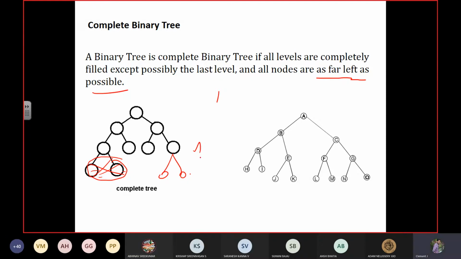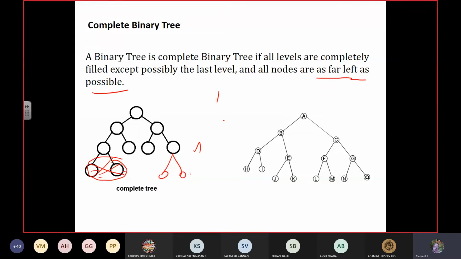Yes, sir. Very good. So now you have understood the difference between tree, binary tree, full binary tree, and complete binary tree. Tree means there is no condition. You can have multiple children, but in a binary tree, you are restricted to at most two children.